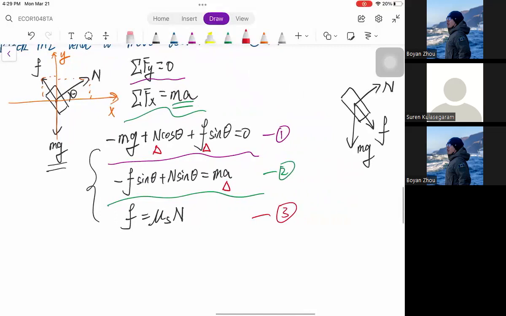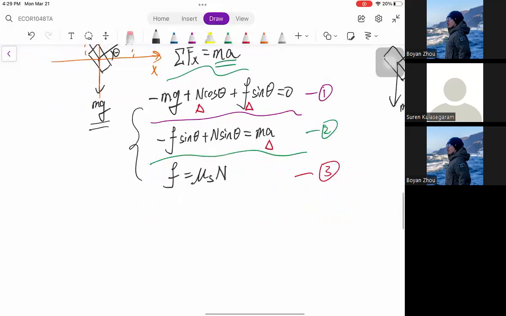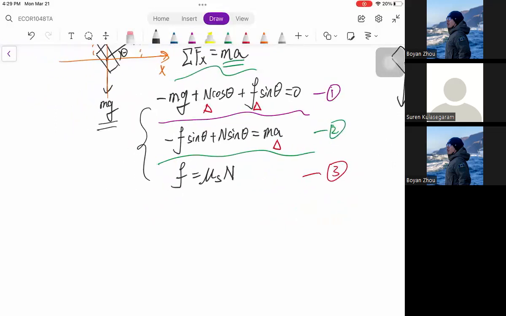Well, actually, does everyone agree with the formula, the matrix we just set up? Okay, great. So from the first equation, we have mg is equal to N cosine theta plus f sine theta.